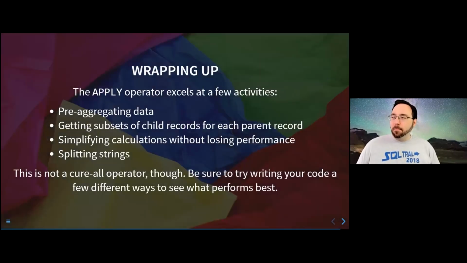Wrapping things up. Apply excels at a few different activities: pre-aggregation of data, subsets of child records for each parent record, simplifying calculations, especially if you don't want performance to suffer as a result, or splitting strings. Now, mind you, this is not a cure-all operator. This is not going to solve all of your issues around bad performance.